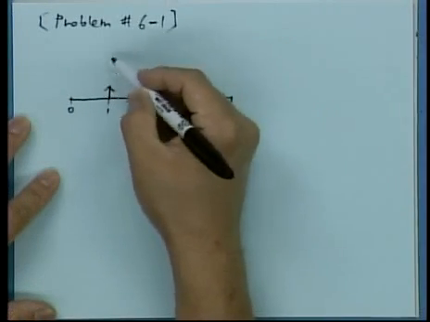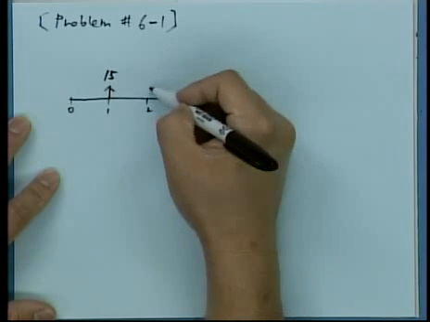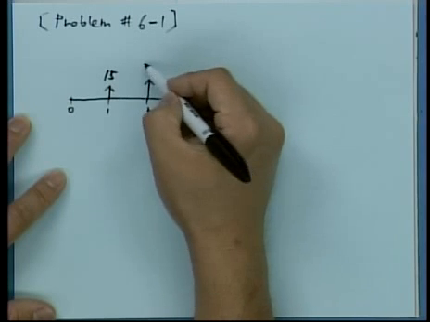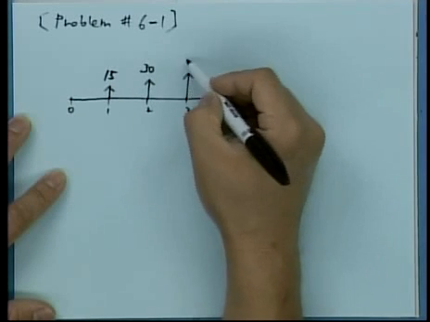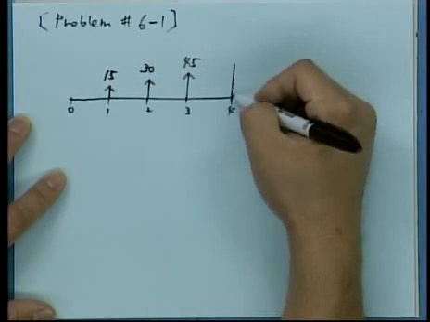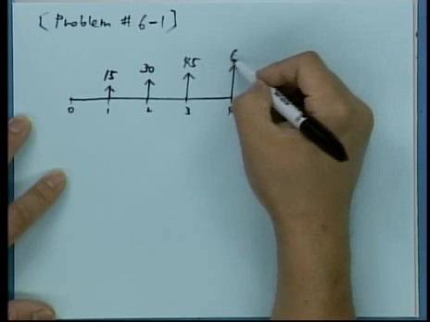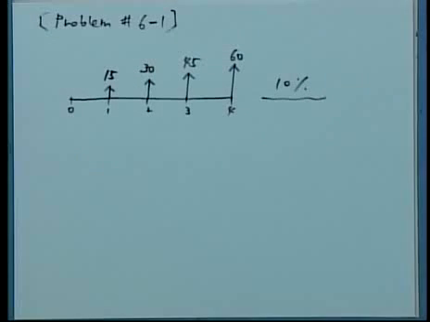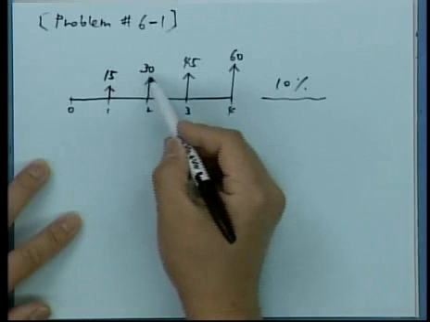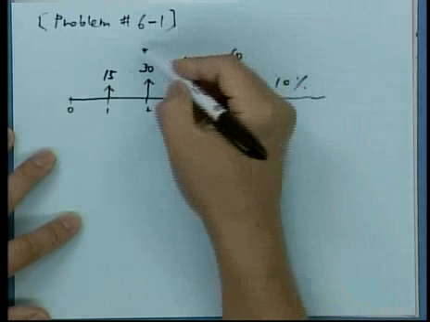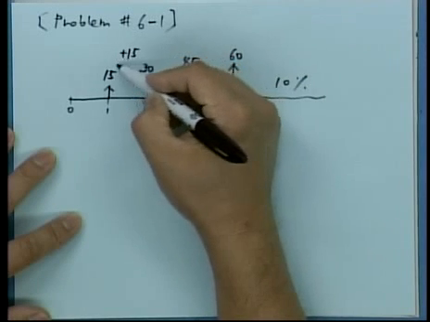At the end of period 1, there is a positive cash flow of $15. At the end of period 2, $30. At the end of period 3, $45. At the end of period 4, we have $60. And we are going to use 10% interest rate. So the period by period change amount is positive 15, right?